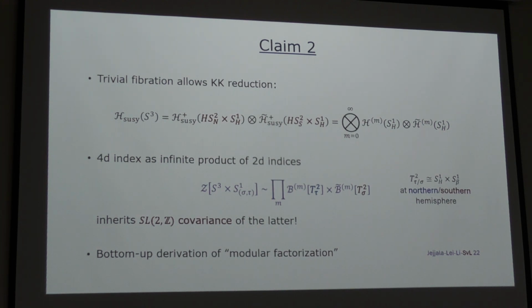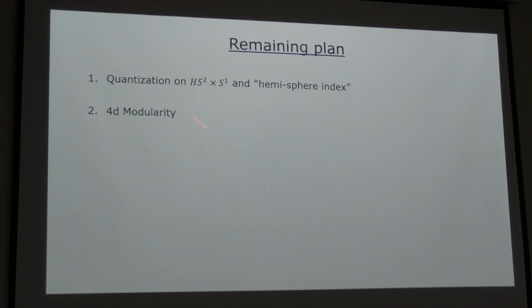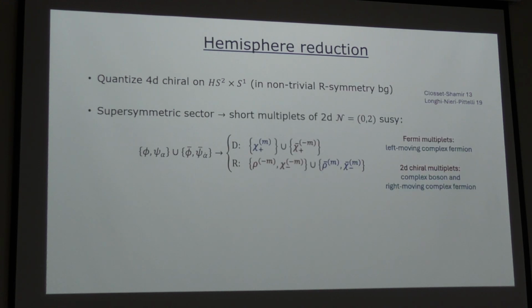Okay, so let me see how I'm doing with time, and then try to fill in details as much as I can. The remaining plan is to do this quantization very quickly and define what I mean by this hemisphere index, and then come to the statement of modularity.